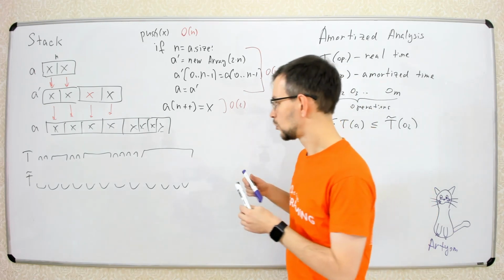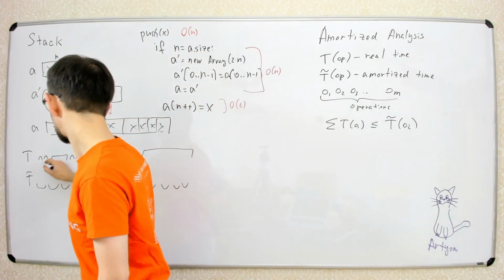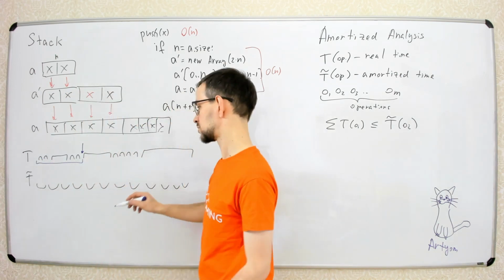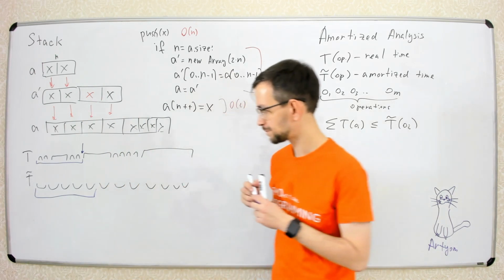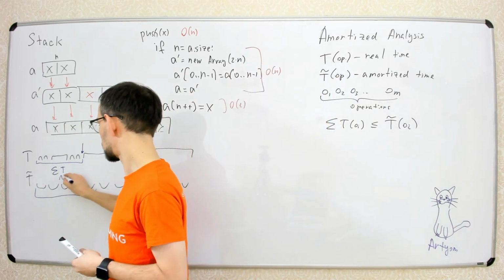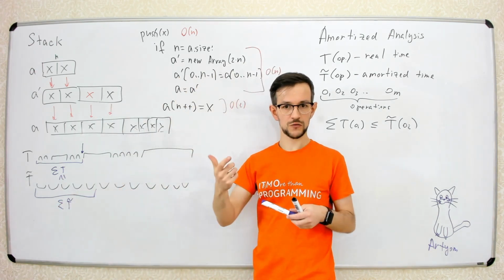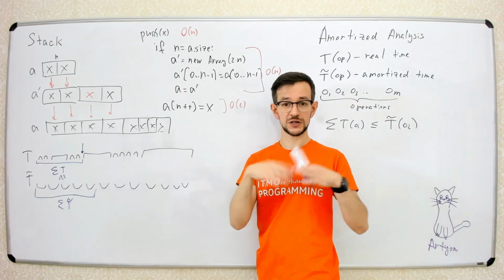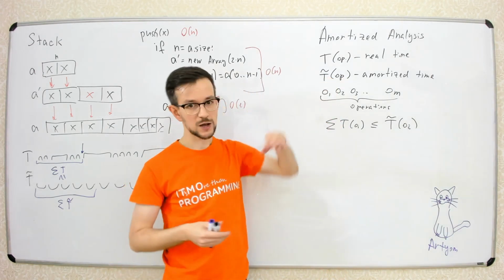And if you look at each prefix of this sequence, like here you have 5 operations, and you have these 5 operations, this sum should be no more than this sum for all prefixes of this sequence. If this property is satisfied, we will say that this amortized time is good.